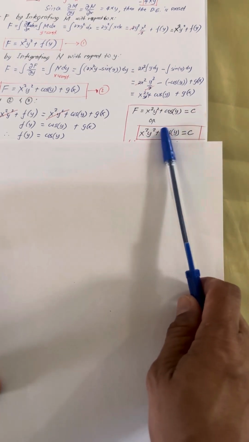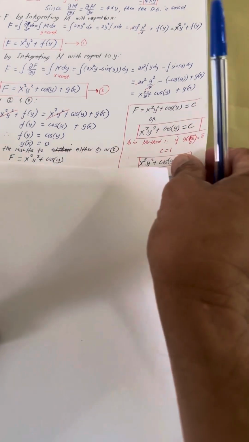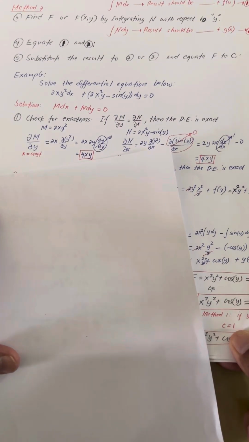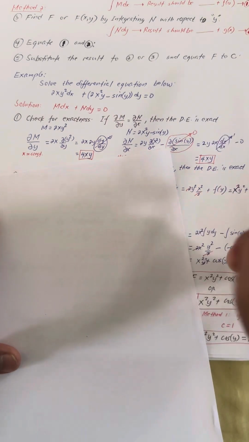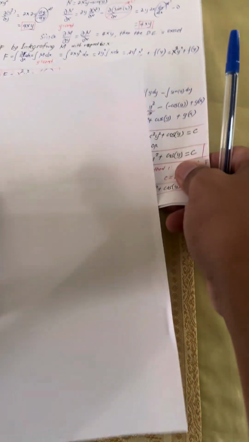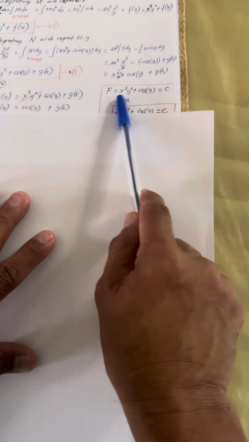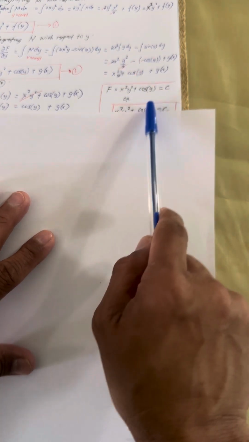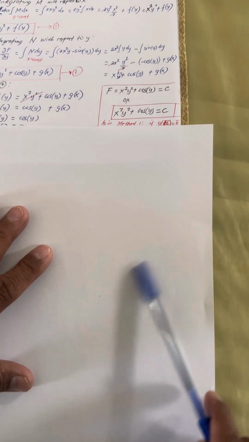So we equate as mentioned in step number 5. If you can see step number 5, we have to substitute the result to 1 or 2 and equate f to c. So this is what we're doing here. Okay, so we substitute in 1 or 2 and then we equate f to c. So we got this equation, x squared y squared plus cosine y equal to c.